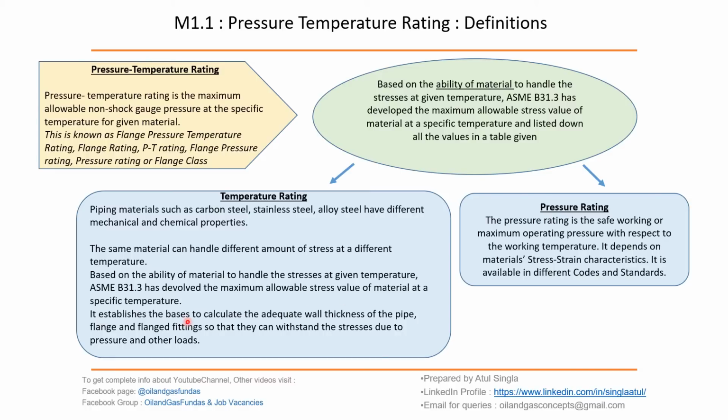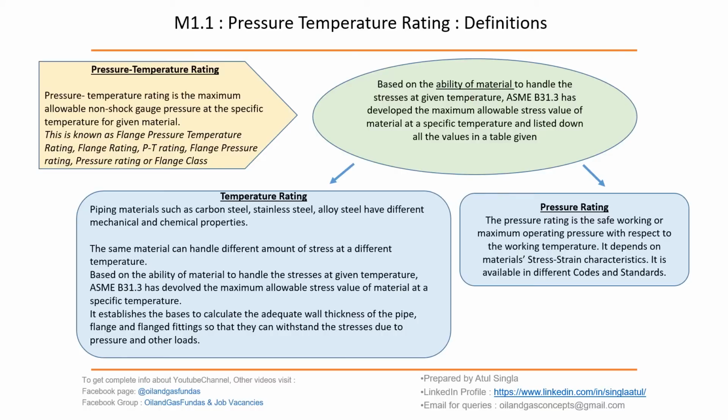It establishes the basis to calculate the adequate wall thickness of a pipe, flanges, and fittings, so that they can withstand the stresses due to pressure and other loads. Okay, so what we are doing, we are standardizing the temperatures for a particular material based on its ability to withstand the stresses at a particular temperature.